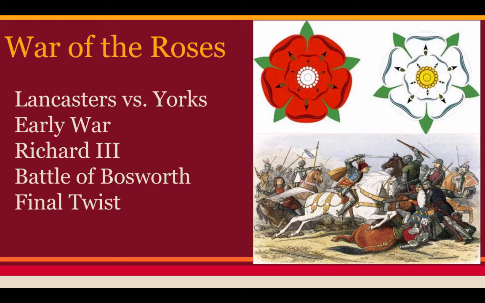Now, in the end, a very bizarre kind of thing happens in which at the Battle of Bosworth, the Lancastrians, who now are led by their general Henry Tudor, are able to have victory at the main Battle of Bosworth, in which Richard is killed.